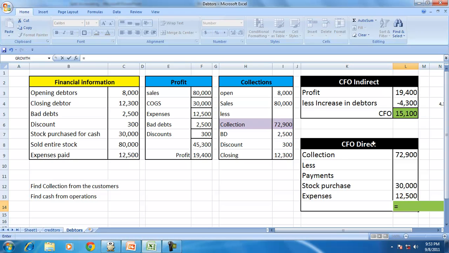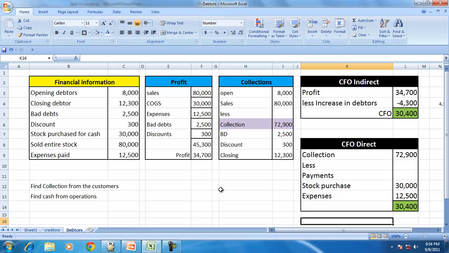So 72,900 minus 42,500 gives 30,400. So we will try to understand the profit and the cash from operations by direct or indirect method.